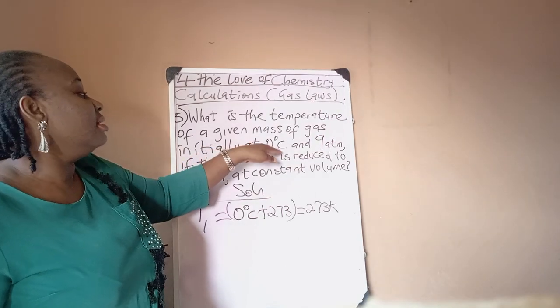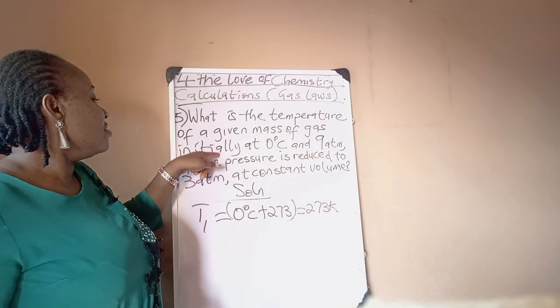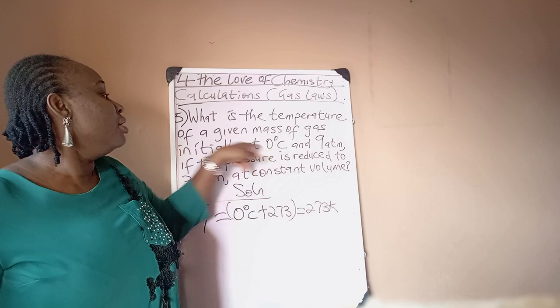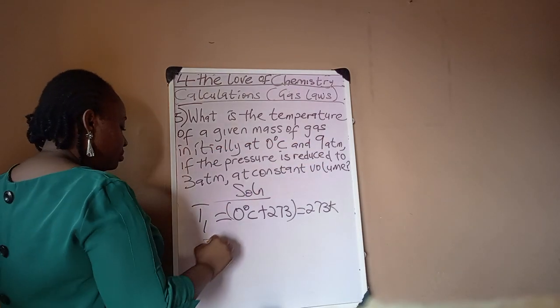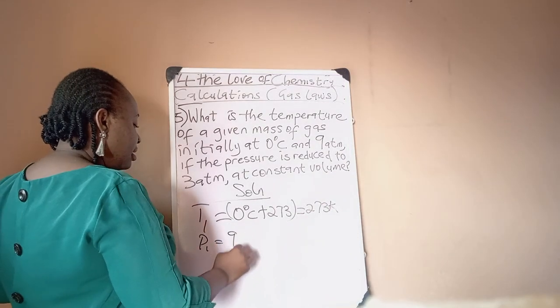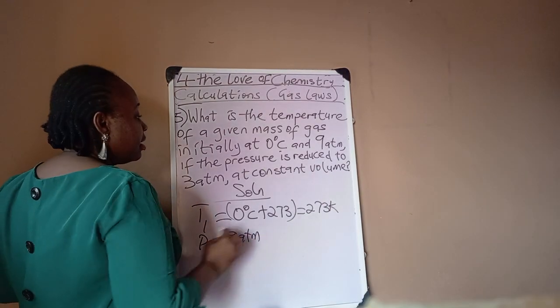Initially at this and this. So if initially is this, then T1 is this and P1 is also this. So P1 is 9 atmosphere.